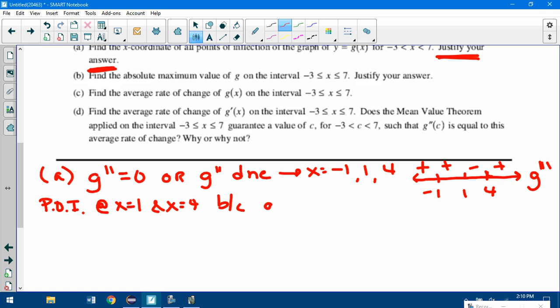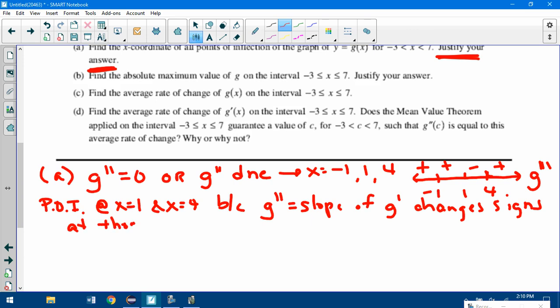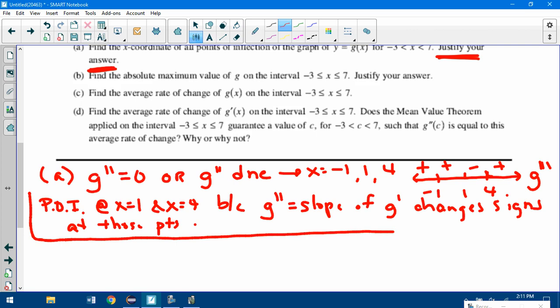Say because g double prime, and with a question like this, I would also write, which is equal to the slope of g prime, changes signs at those points. So there's your answer to part A.